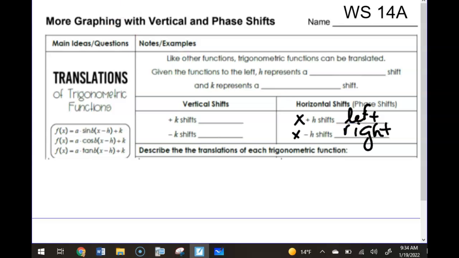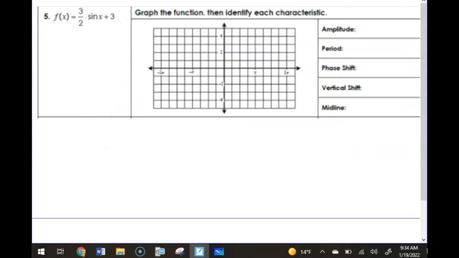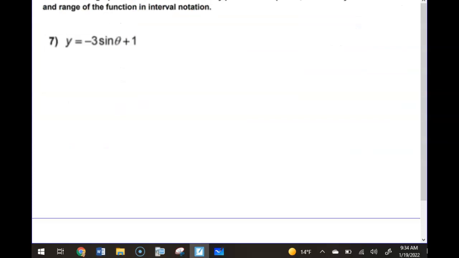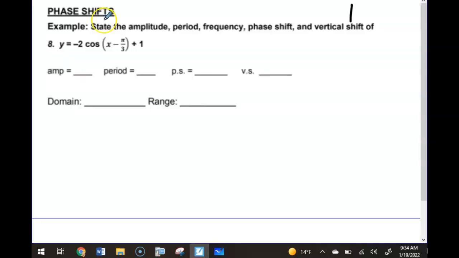The other thing that you need to know about phase shifts is how to find quarter points, because you're going to have to add that quarter point distance on to the phase shift. So it's going to be phase shift plus quarter points to figure out each quarter point.